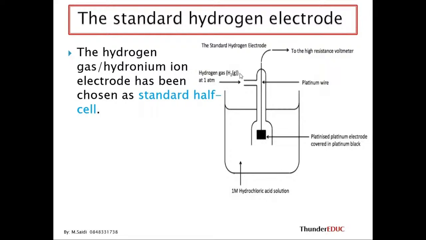Because hydrogen is a gas, so we need something where hydrogen can go to so that it can react. This platinum provides a surface area for the hydrogen to react.